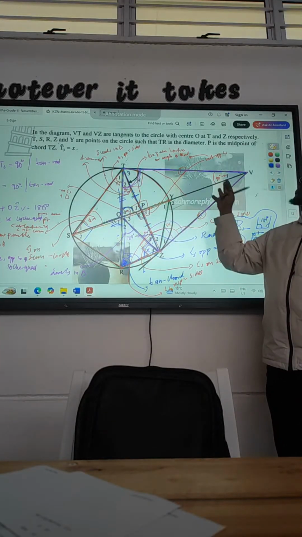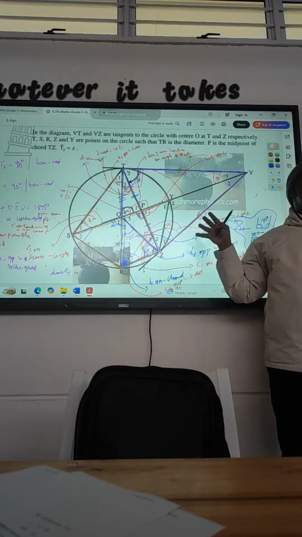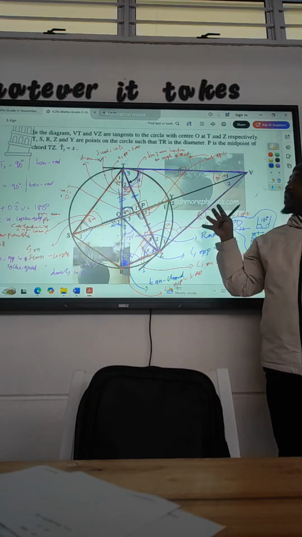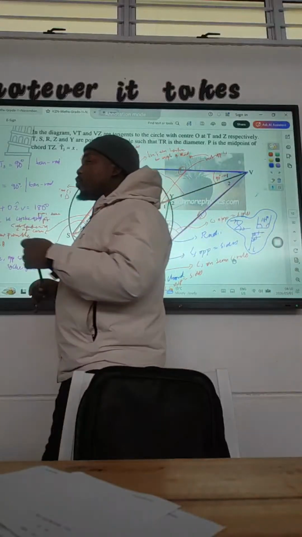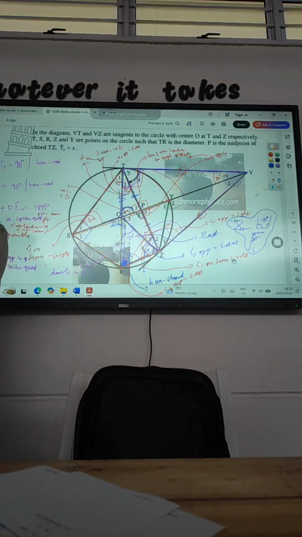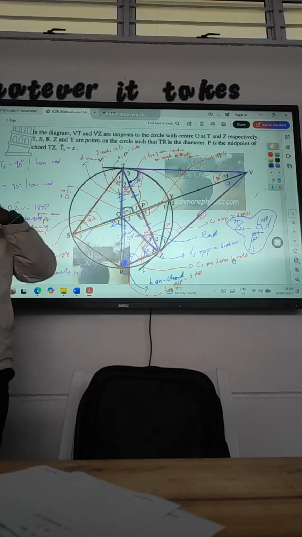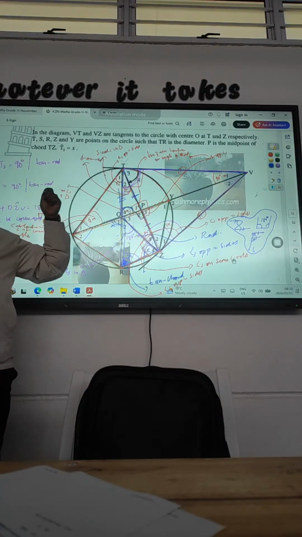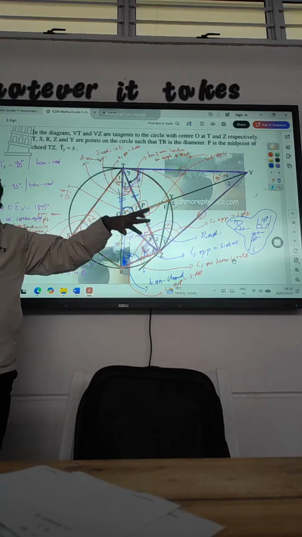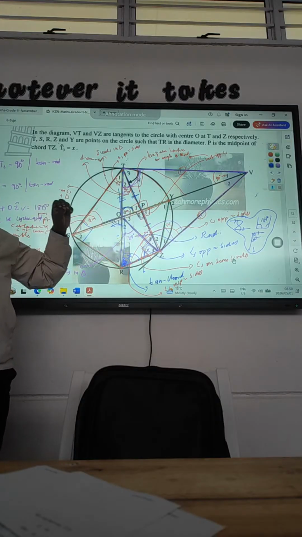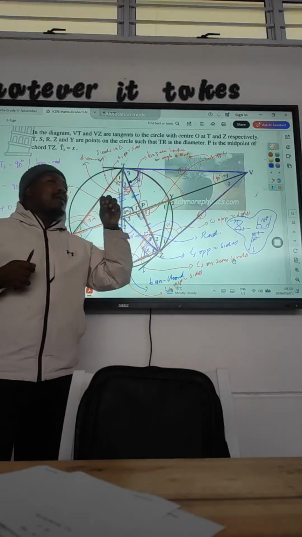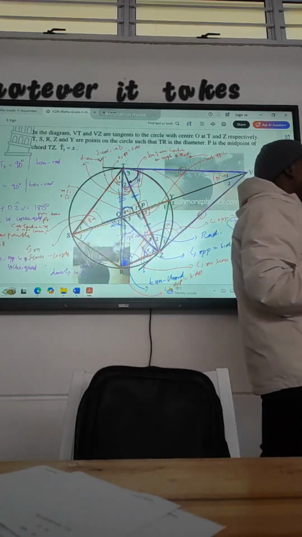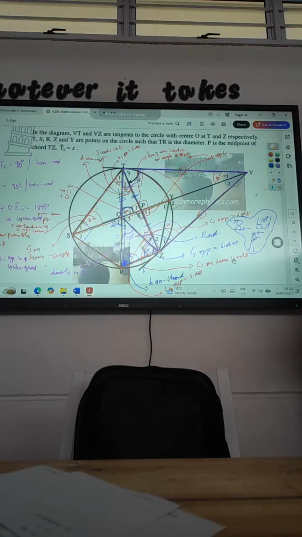As I'm saying, there is plenty of information in the diagram, and if you give yourself enough time, you'll be able to point out as many as possible. When you are satisfied with whatever you have seen in the diagram, you use what you have. If you still need more information and your diagram is not sufficient, then you go back and look at what is actually missing. But in most cases, what you see in the diagram will assist you to answer the questions.